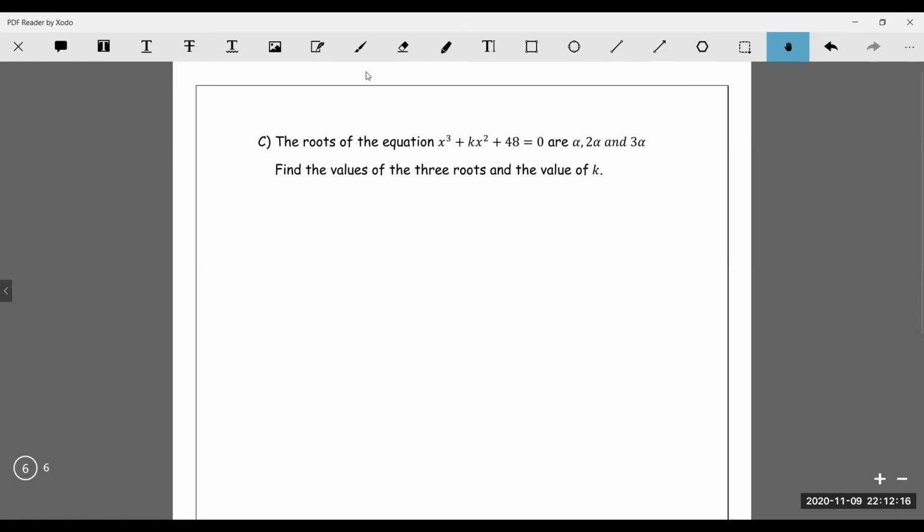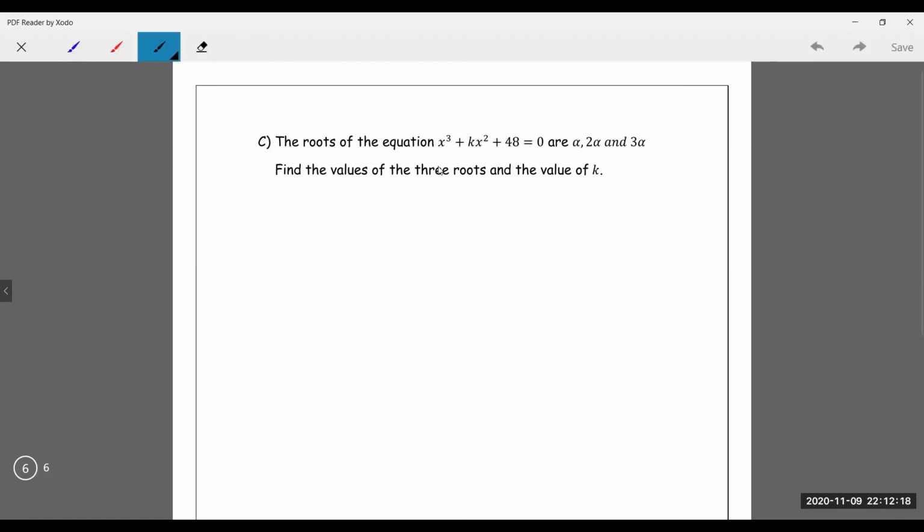So what they're telling us is that they give us x cubed plus kx squared plus 48. The product of the 3 roots is minus 48 over 1. So minus 48 is equal to the product of these 3 roots right here.